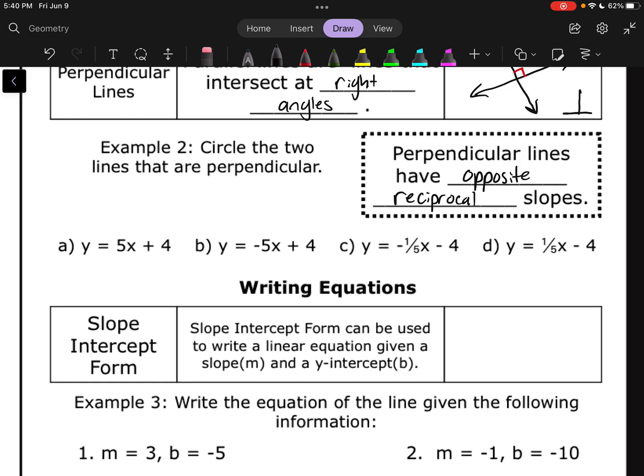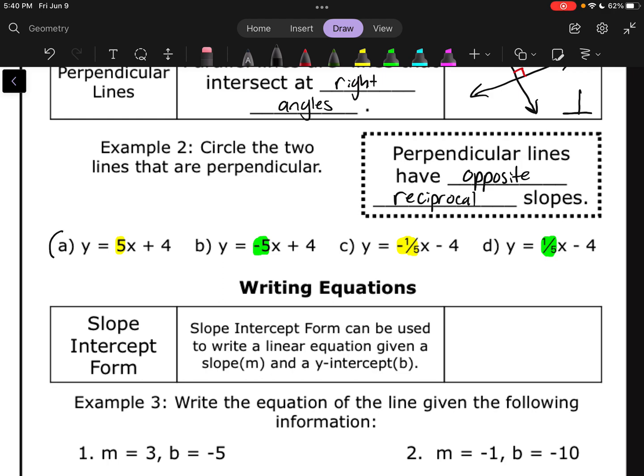I notice right here that we've got a slope of 5 and a slope of negative 1/5. And those are going to be opposite reciprocals. And then I also note that we've got a negative 5 and a positive 1/5. So we've kind of got 2 sets of perpendicular lines.